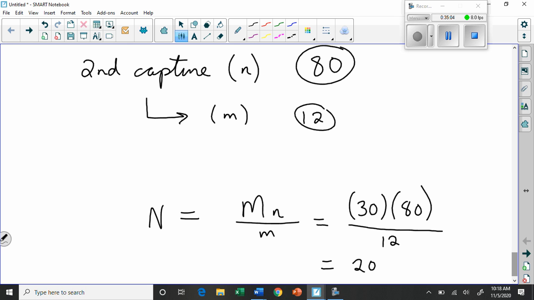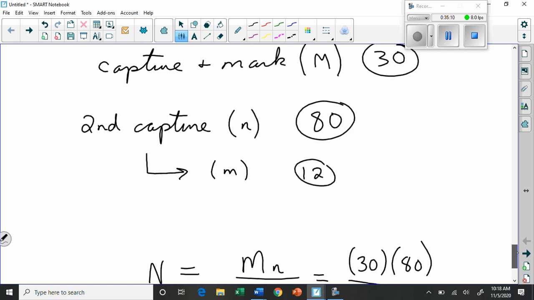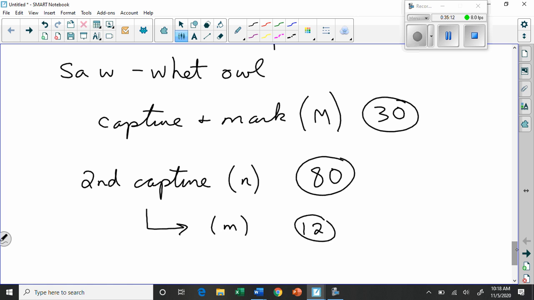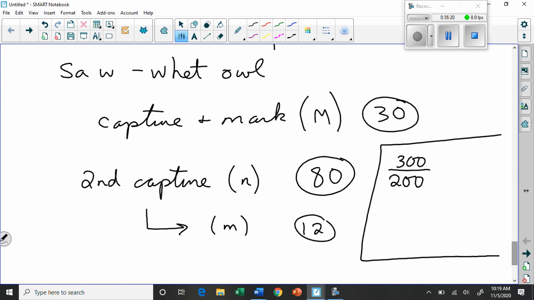So it equals 200. Right? And if you look back at the original numbers, I'll just do a box here. We're basically saying that if we marked 30 out of 200 in the total population, that should be a ratio that's very close to 12 marked out of 80. That's basically what we're doing with that formula, right?